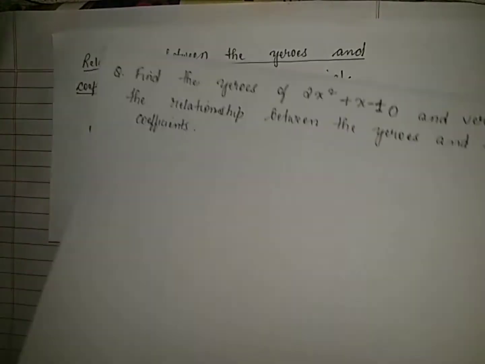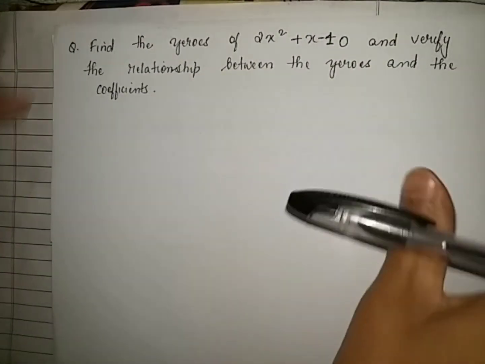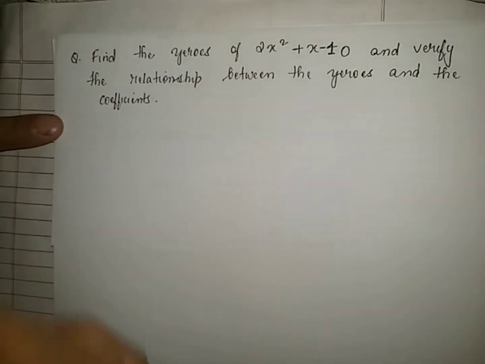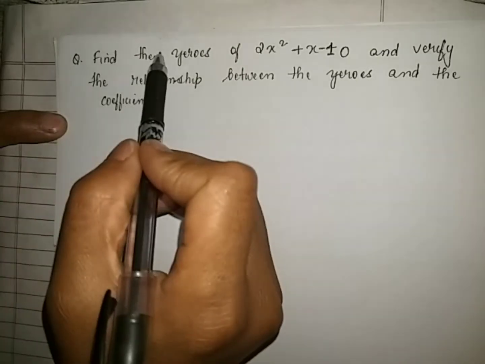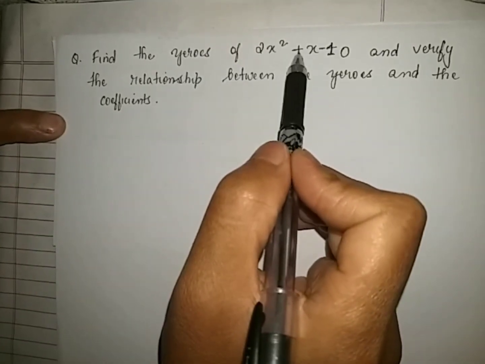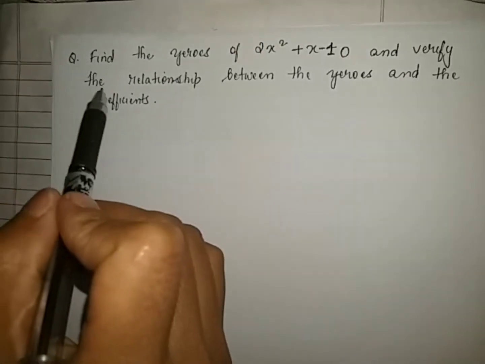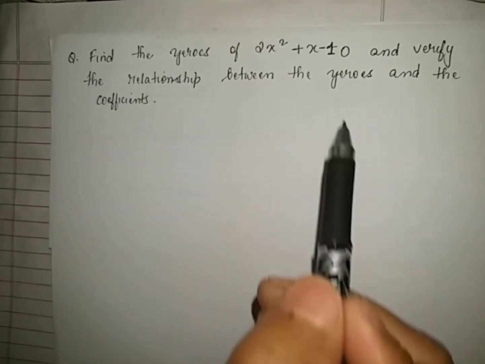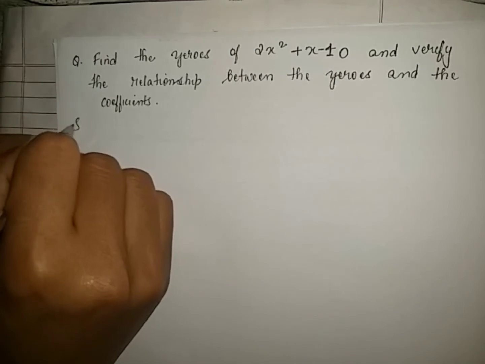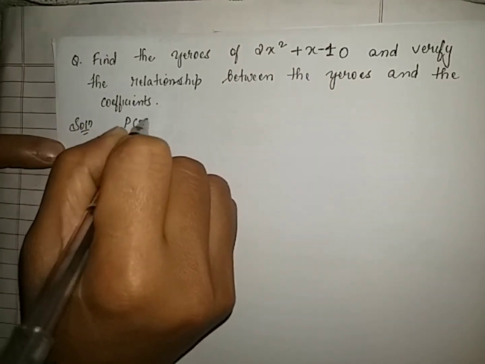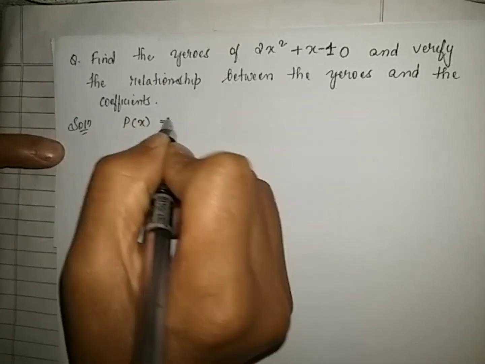Let us do one example. Let us find the zeros of 2x squared plus x minus 10, and we will verify the relationship between the zeros and the coefficients. Let us name the given polynomial as p of x.